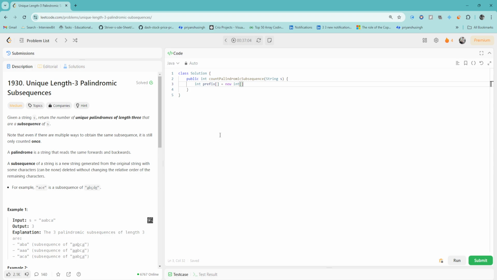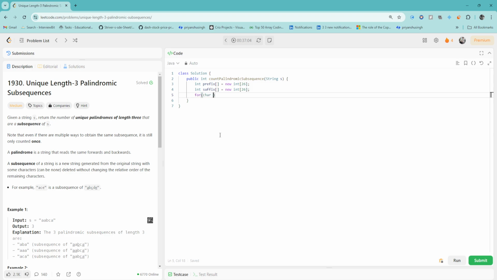By default, all the values in the array are initialized to 0. I would be having a suffix that would be of size 26. Okay, what I'll do, I'll traverse the string.